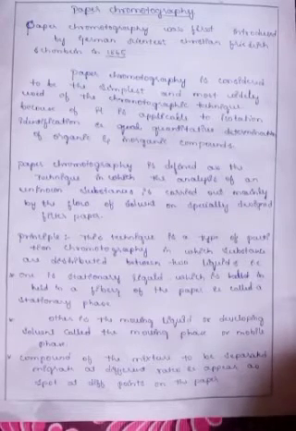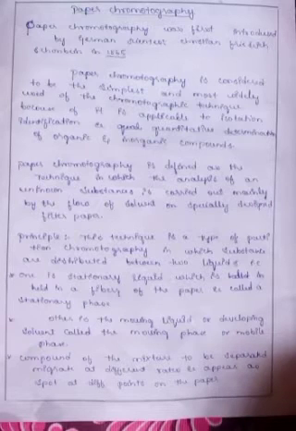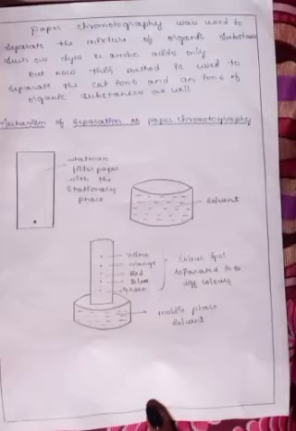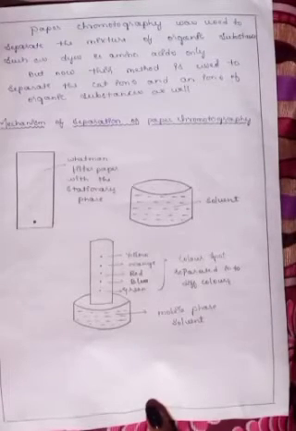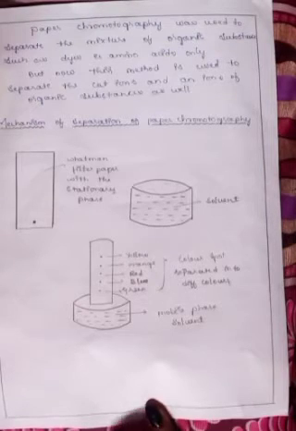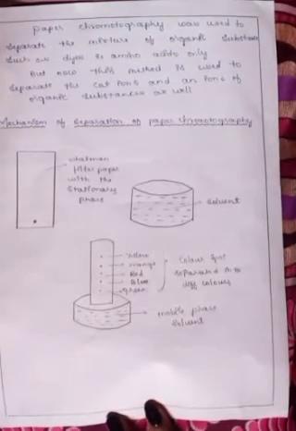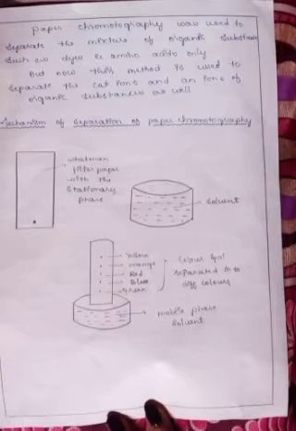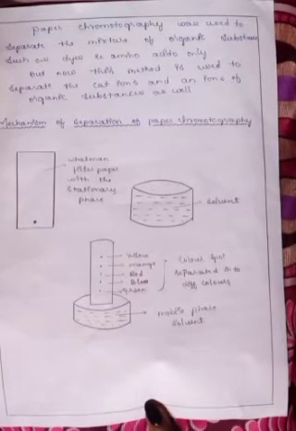Compounds of the mixture to be separated migrate at different rates and appear as spots at different points on the paper. Paper chromatography was used to separate mixtures of organic substances such as dyes and amino acids only, but now this method is used to separate cations and anions of inorganic substances as well.